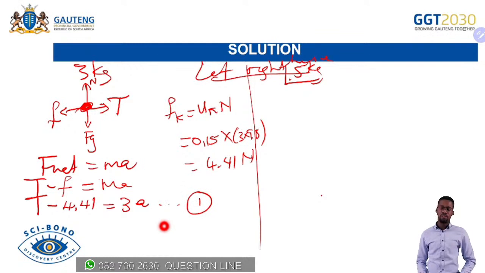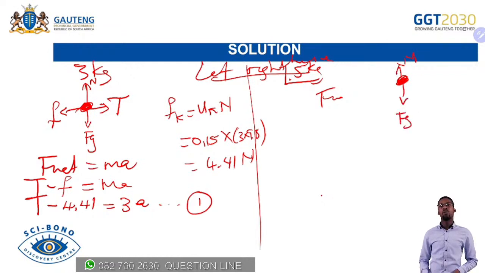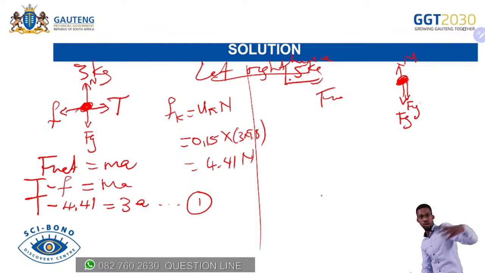Let's come to 1.5 kg. F net is equal to ma. Draw a free body diagram. Before you come to this, you are going to have the normal force and the force of gravity. Now, there was a force applied, so you resolve it into components, which is F of y, because it's going down. That applied force is going down, so F of y goes down.